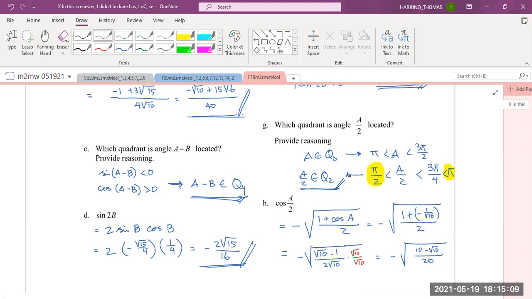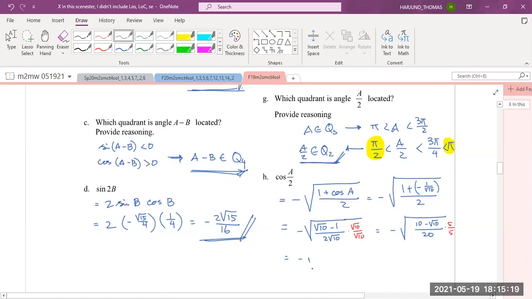Multiply by 5 over 5 on the top and the bottom. That way I get negative square root of (50 minus 5 radical 10) over 100.